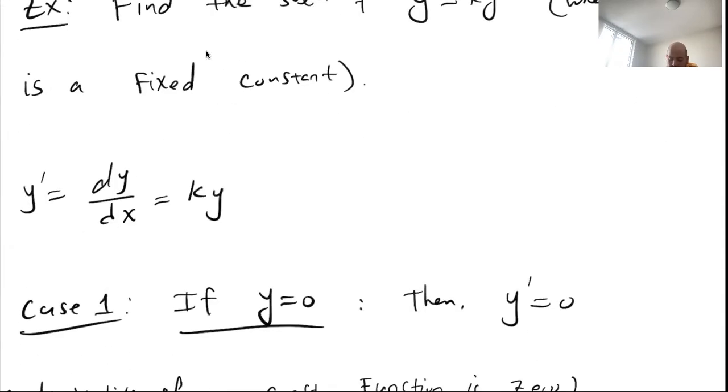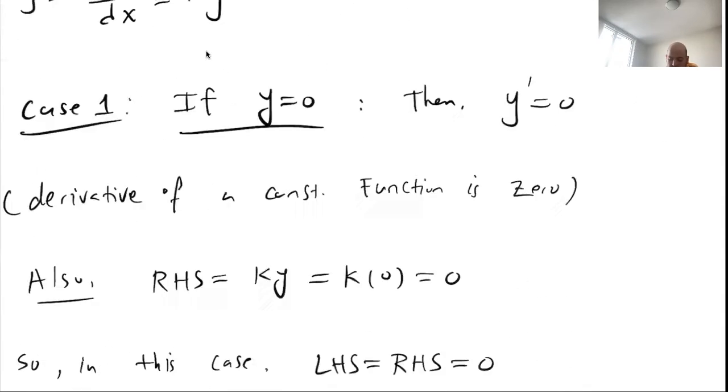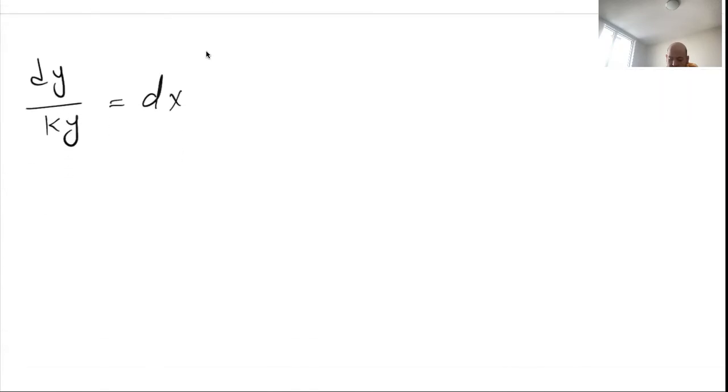Remember, dy over dx was ky, so dy over ky will be dx. And then we will have 1 over k ln absolute value y equals x plus c.